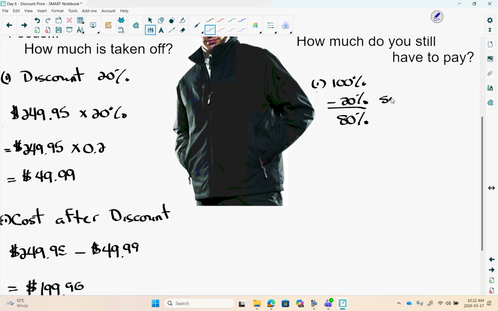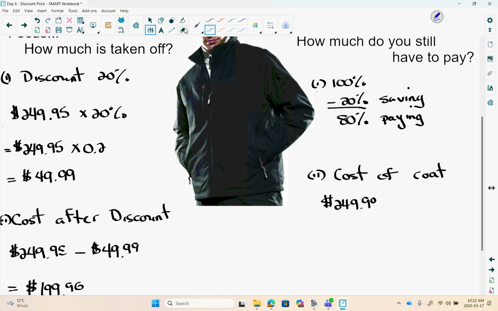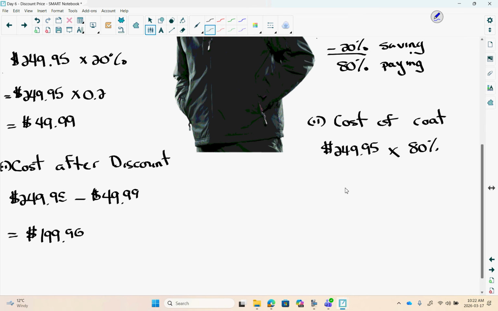So if I'm saving 20%, I'm actually only paying 80%. And to get my final cost, or the selling price of the coat, I can take the $249.95, and I can multiply that by how much? How much am I paying? If I'm saving 20, I'm only paying 80%. What do you think this works out to be?